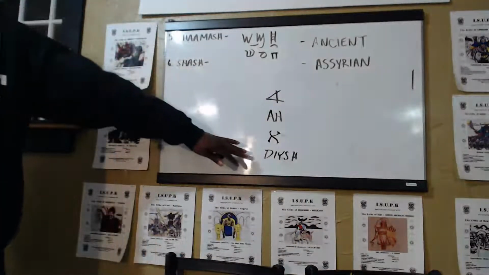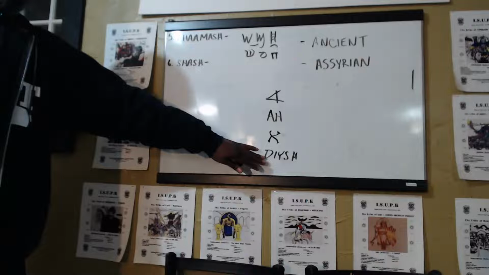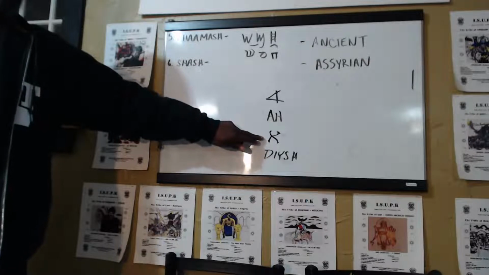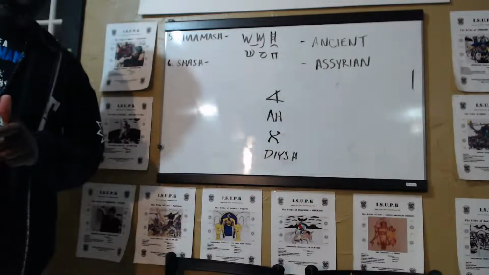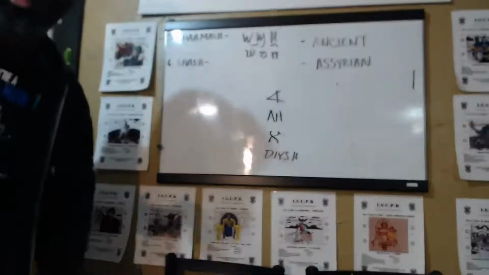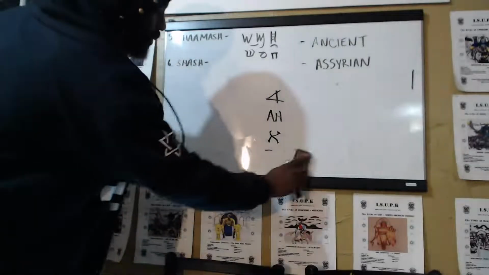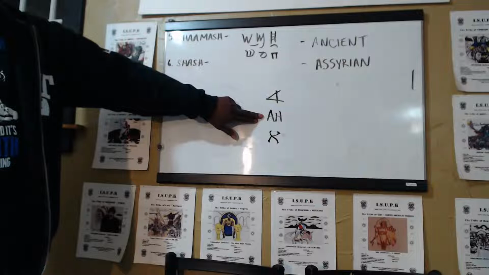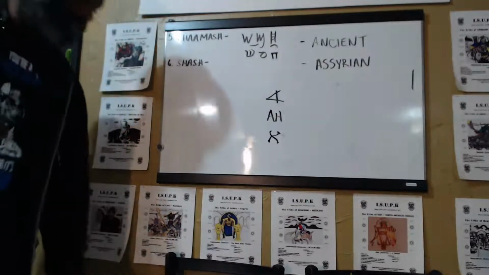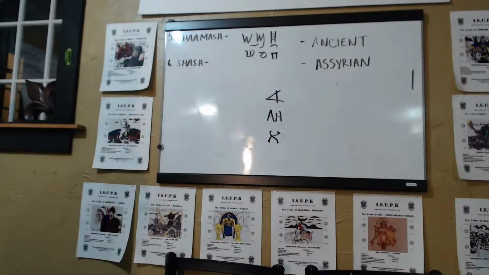Every Assyrian letter you see will have a corresponding Yiddish word with it, right? But that's Yiddish. That's not ancient Hebrew. When you see this, all you do is replace it with I. Right. So I hope that answers the question.